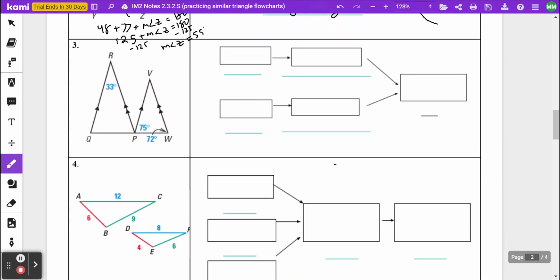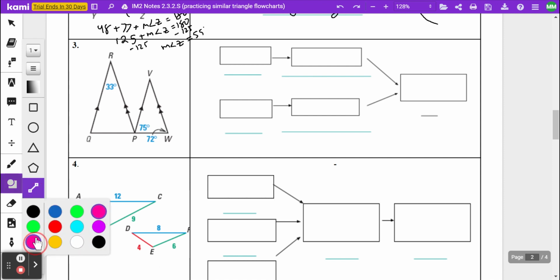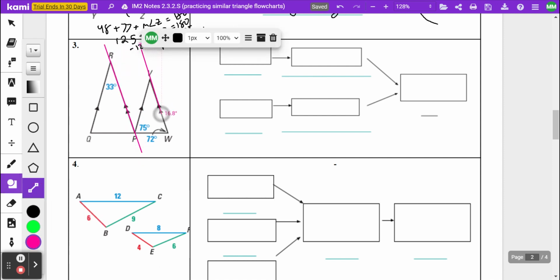Ooh, parallel lines. Woohoo! Okay, let's see what we're going to do here. A delight. Do you see these parallel lines right here? Let me emphasize them with another color. These lines are parallel.